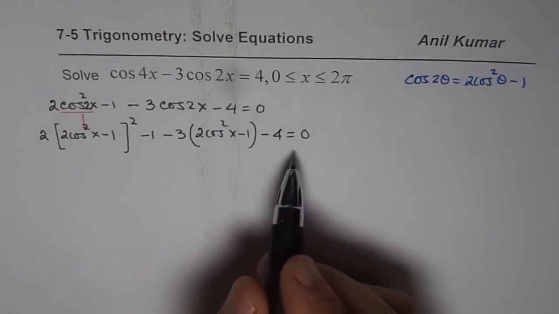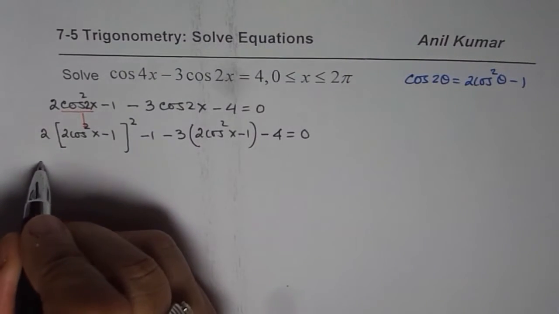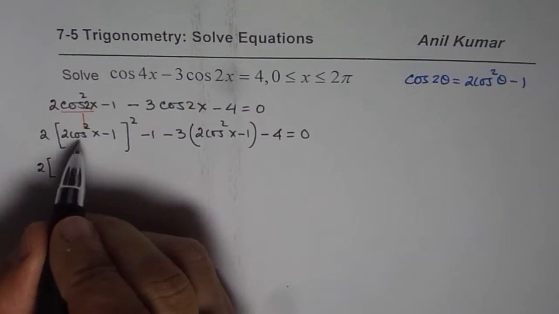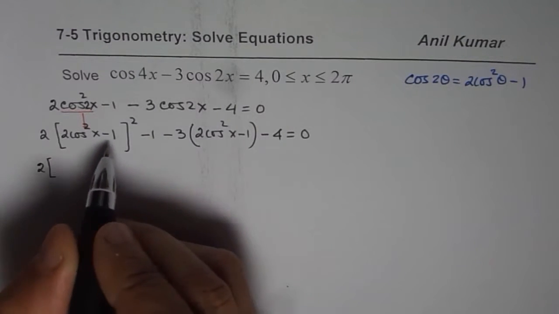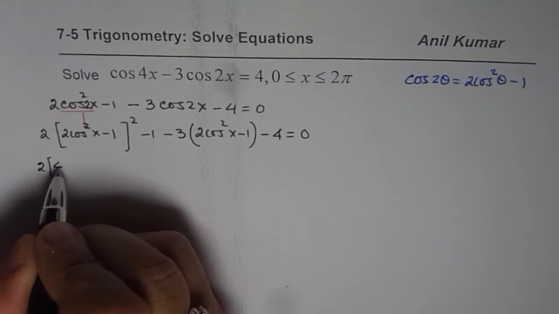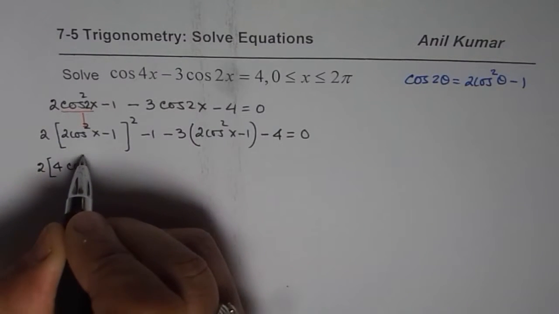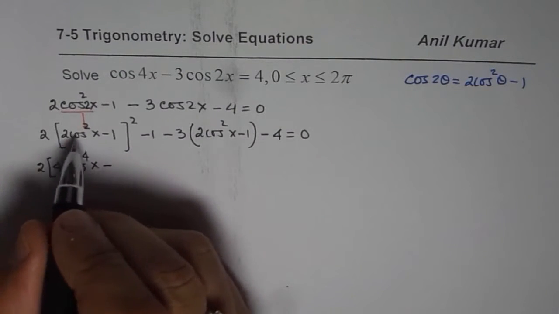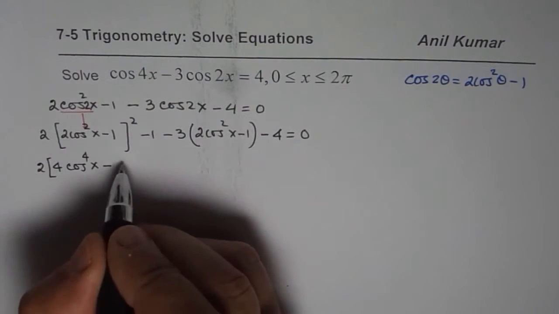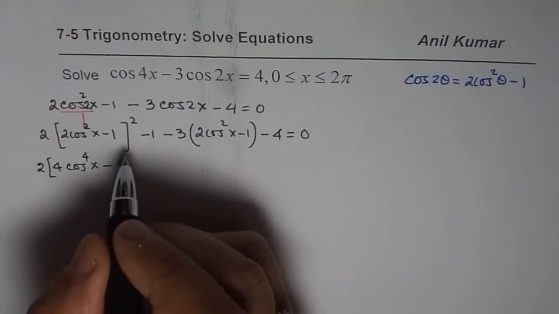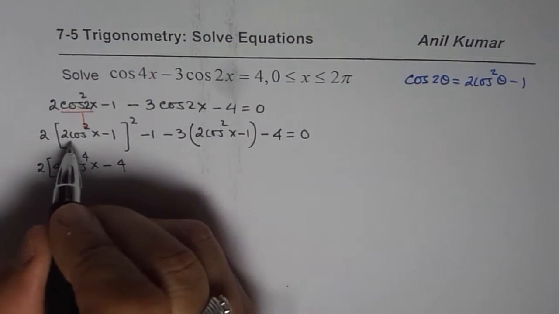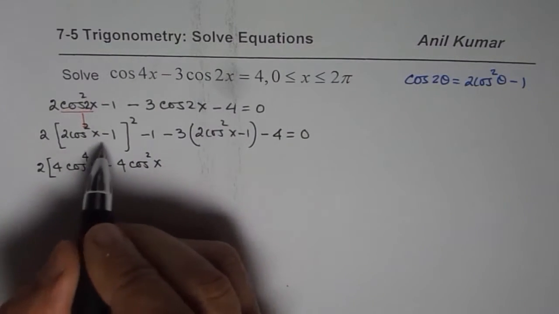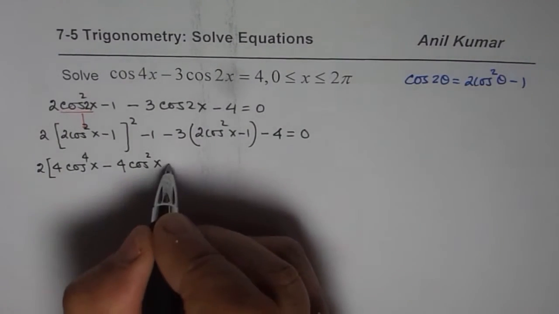Now we'll open this bracket and then simplify. Let me do it in 2 steps. Let me write this as a square first. So the square will be a square minus 2ab plus b square. Square of the first term is 4 cos to the power of 4 x, minus 2 times ab, that means 4 cos square x, plus 1.